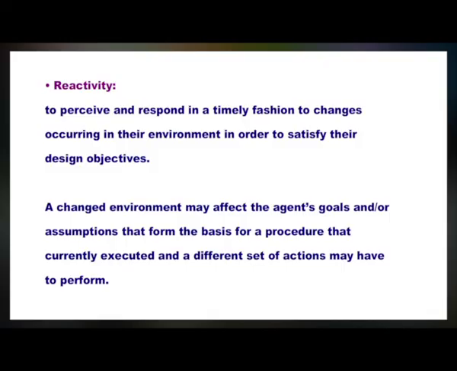This is to perceive and respond in a timely fashion to changes occurring in their environment in order to satisfy their design objectives. A changed environment may affect the agent's goal or assumptions that form the basis for a procedure that is currently executed, and a different set of actions may have to be performed.